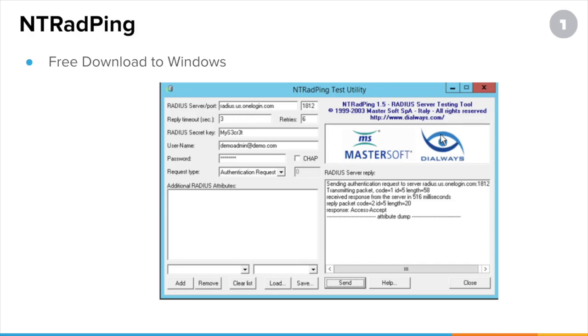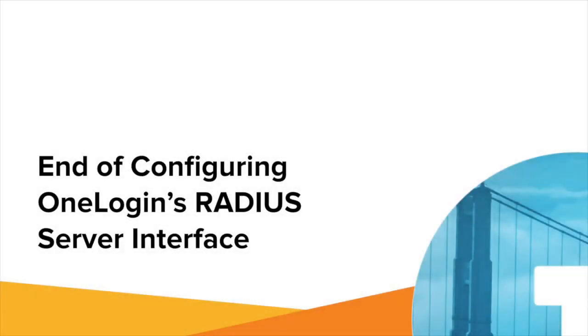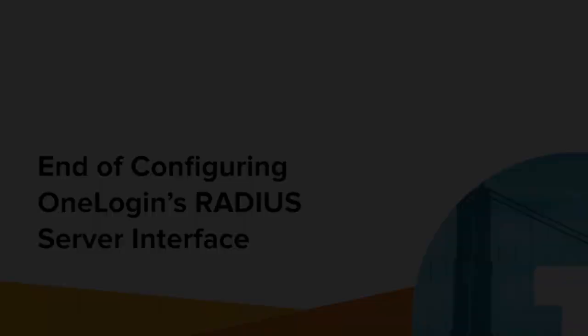So just put in all the information, click on send, and you'll see what the reply is. Was it successful or not? A nice, easy test interface. Did I just configure this correctly before you go through the hassle of reconfiguring your entire NAS device? That is the end of configuring OneLogin's Radius server interface.